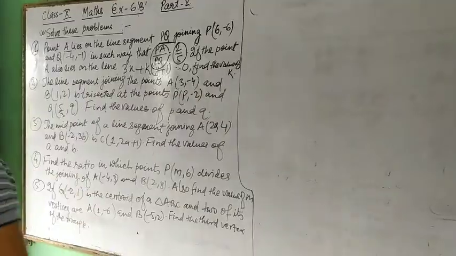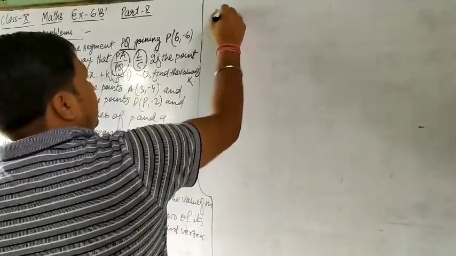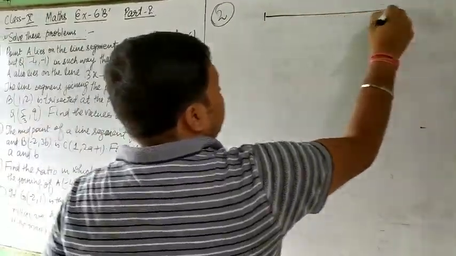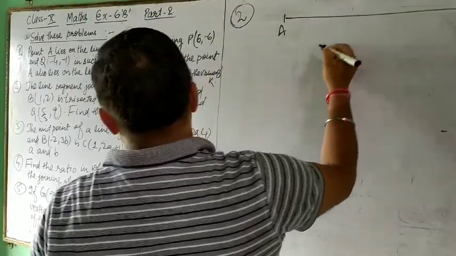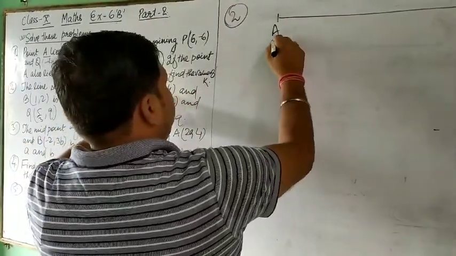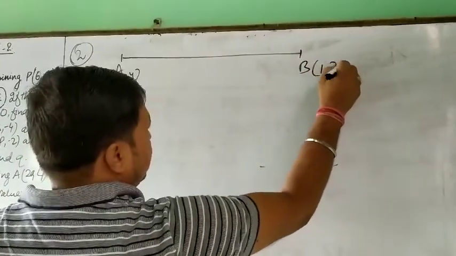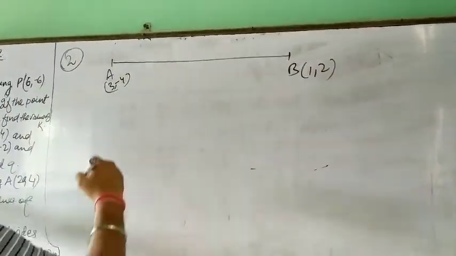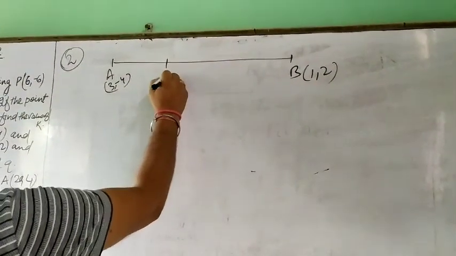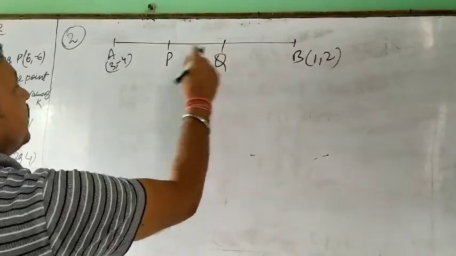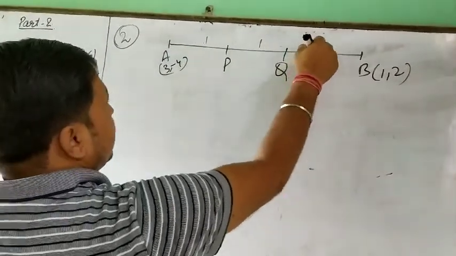In the second question, the line segment joining A and B. Here A and B is a line. The coordinates of A equal (3, -4), coordinates of B equal (1, 2), and the points P and Q trisect these lines. That means this is equal, equal, equal.